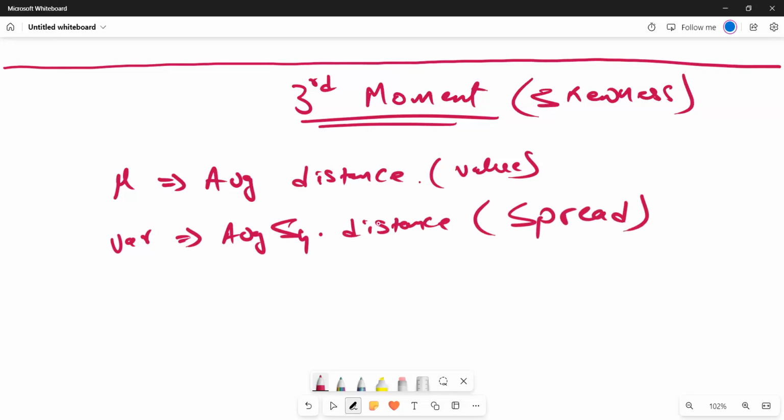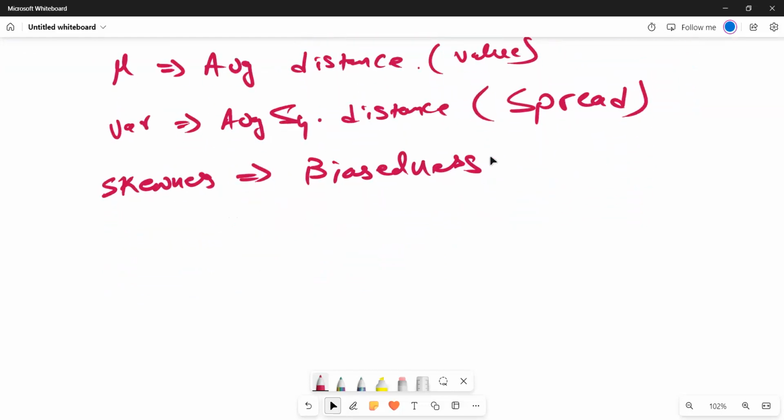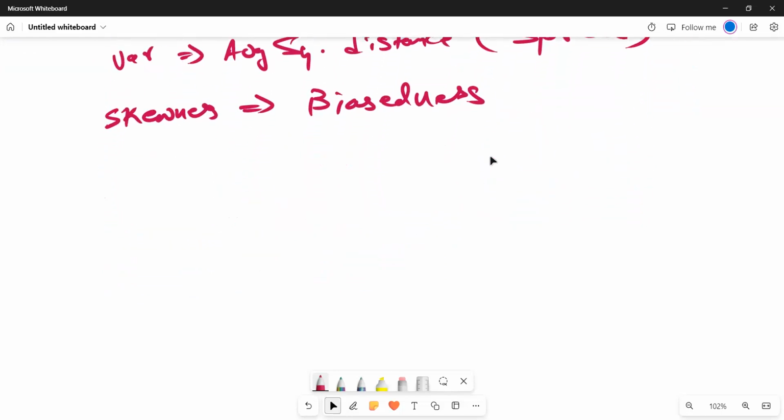In the similar way, we have skewness, and skewness tells you about the biasness. This biasness is nothing but the domination of the values, right?